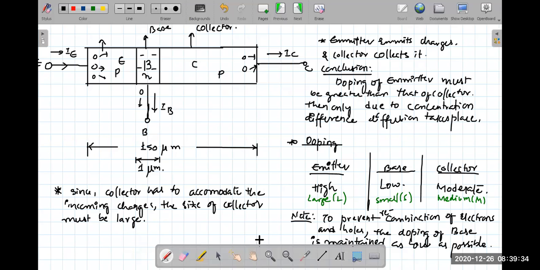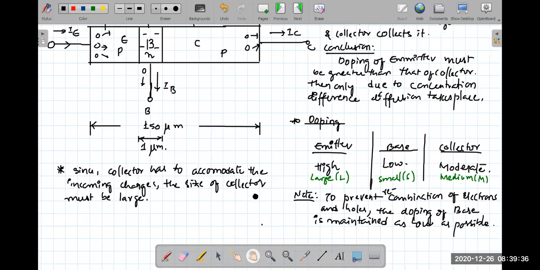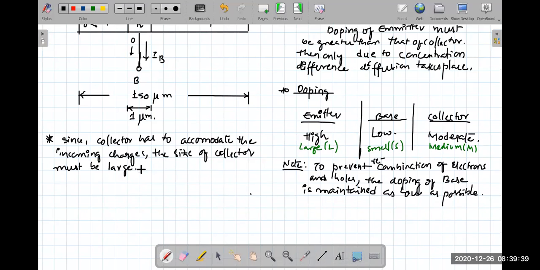That means its width must be large, large compared to the emitter.